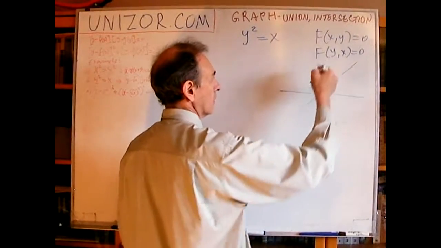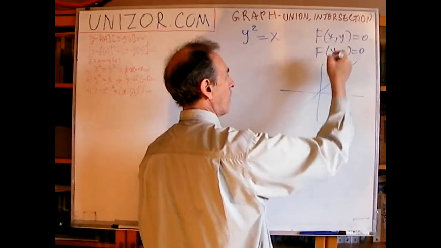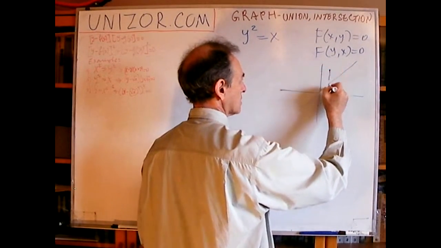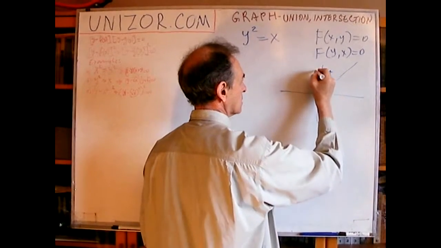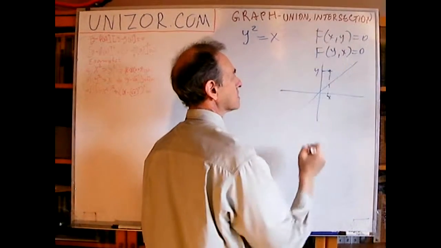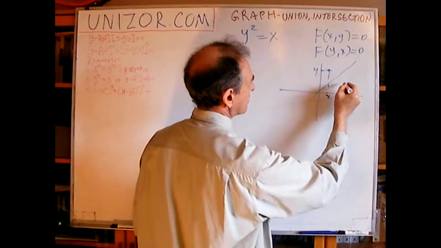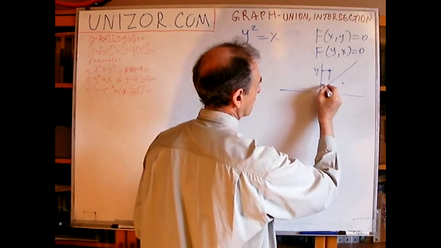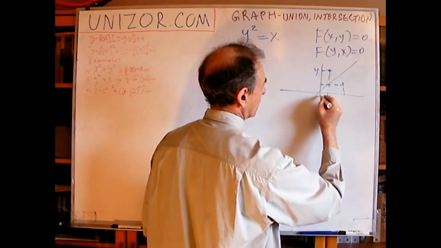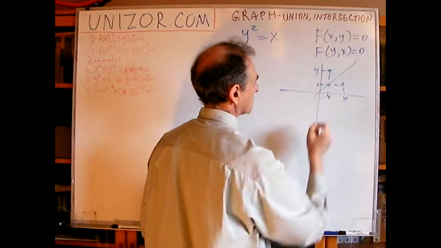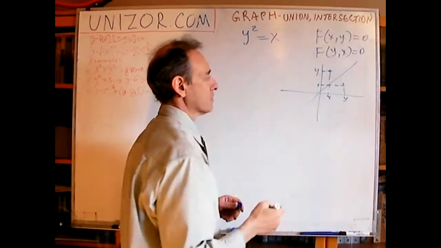Because whatever point x,y, let's say this is x, and this is y, if it belongs to this graph, then the symmetrical point, so this is y and this is x, belongs to this particular graph.